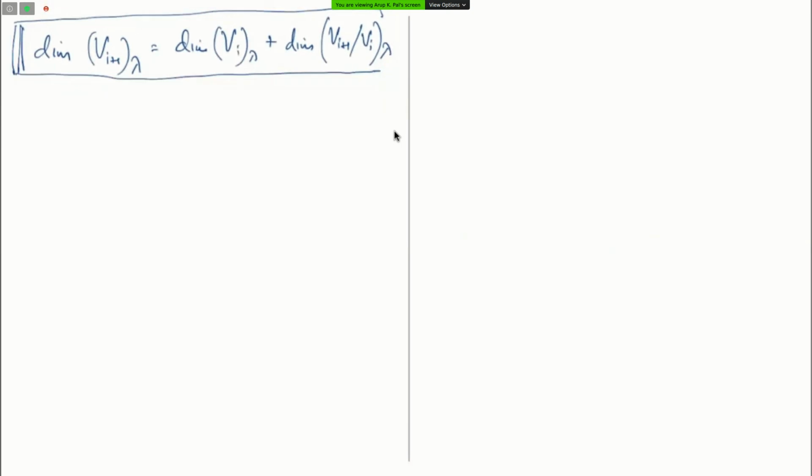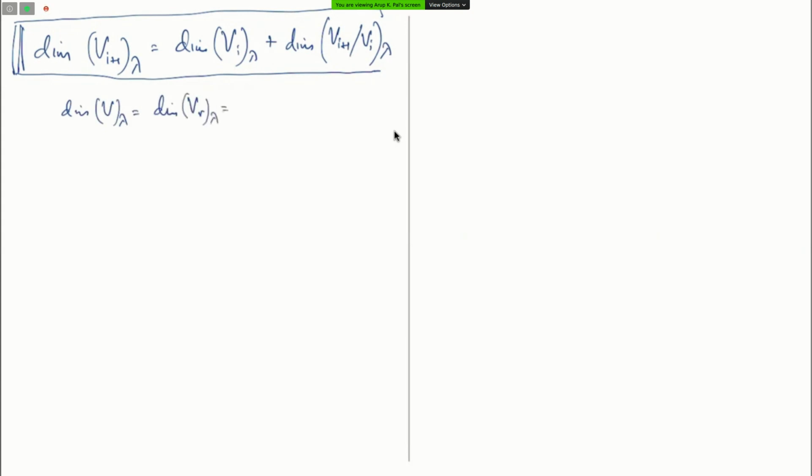Okay. Now you apply it repeatedly. So in particular, this tells us that V lambda, V is V_R. I think R was the last one.